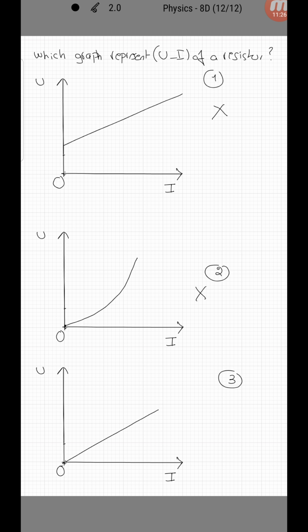Now, in graph 3, it is a straight line that passes through O, through the origin, so 3 represents a resistor.